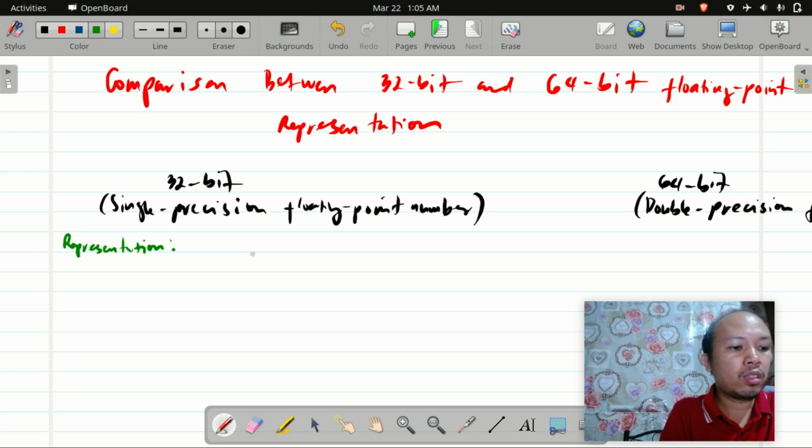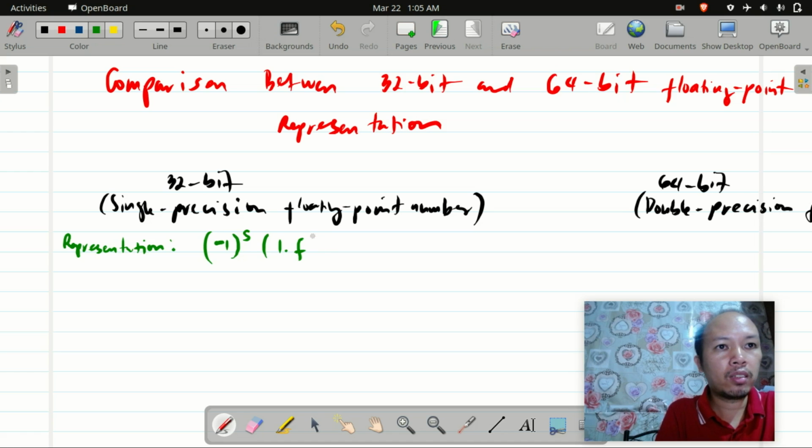Your number is -1 to the s, and then you will have the 1 plus mantissa, times 2 to the e minus 127.